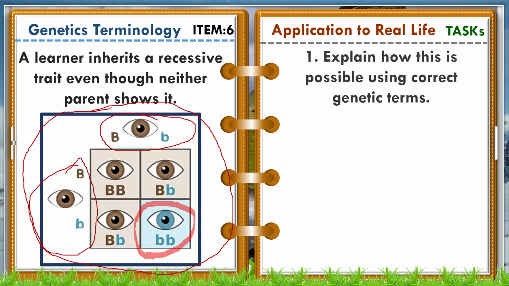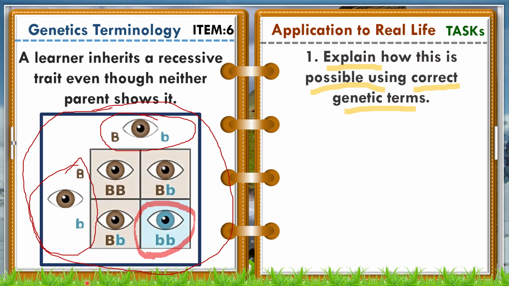Explain how this is possible using correct genetic terms. They want us to explain how this is possible using correct genetic terms. What is possible? What are they asking for?